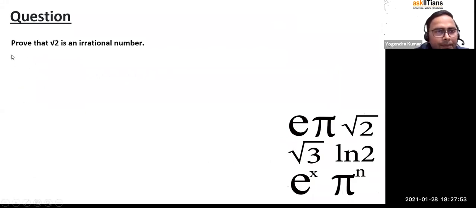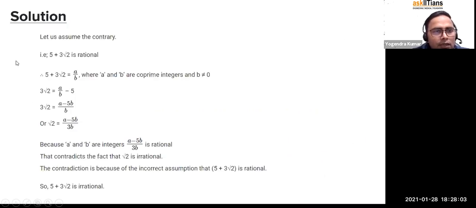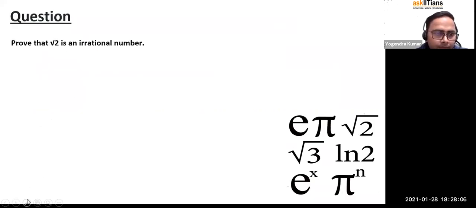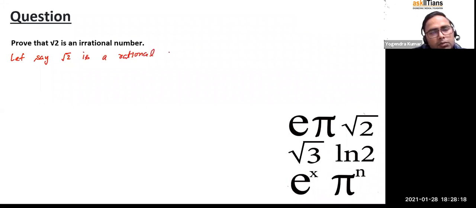So what we do here, we start with the contradictory statement. We need to prove that root 2 is an irrational number, but let's say root 2 is a rational number. I'm assuming it to be a rational number. So I can write it as p by q form.